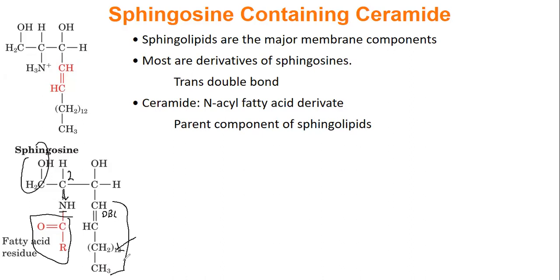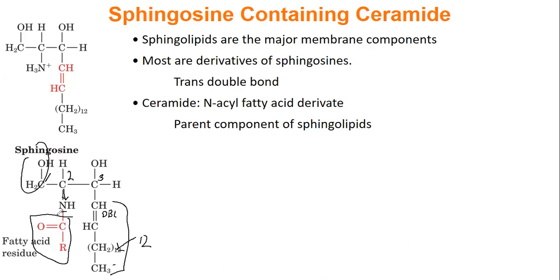You have 12 CH2 groups and 1 CH3. So this carbon, you can either call it carbon 3 or carbon 1, to be honest, but I'm going to go left to right and go 1, 2, and 3. Carbon 2, that's where you're going to have the variety of what type of fatty acid. Is it C12, C14, C16?